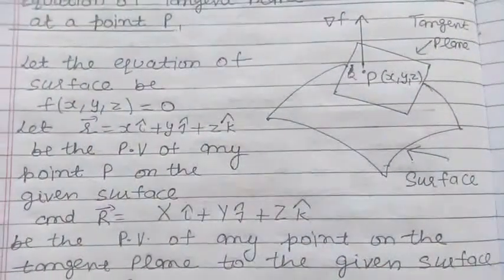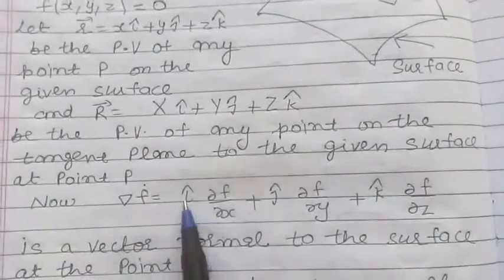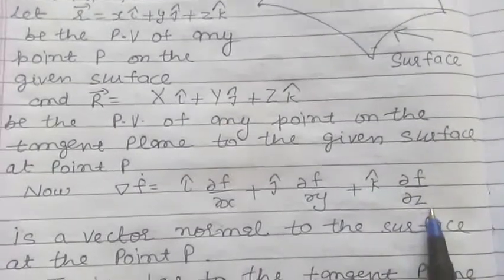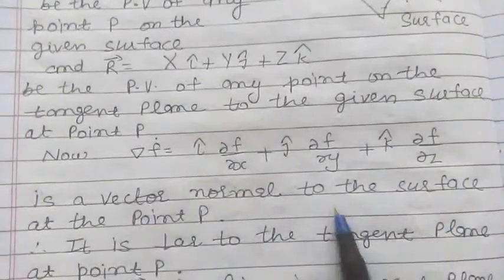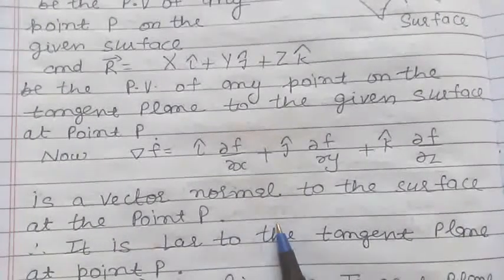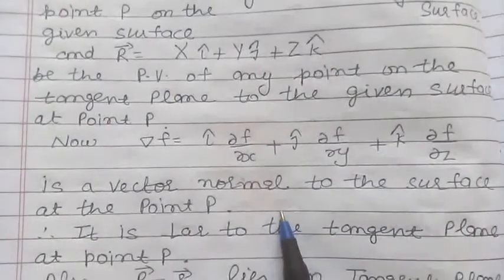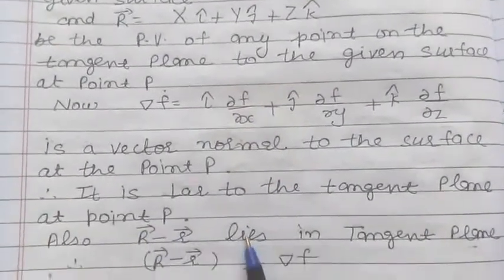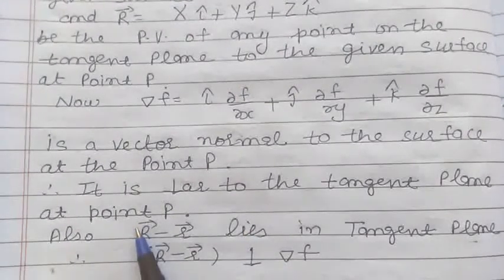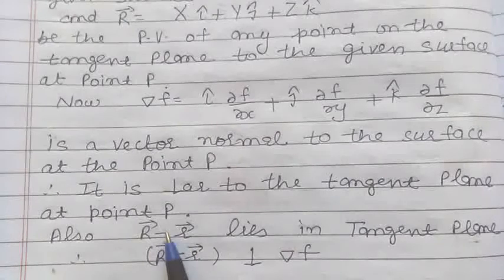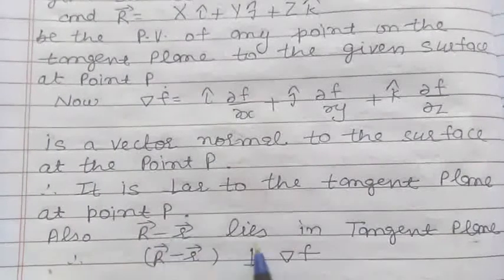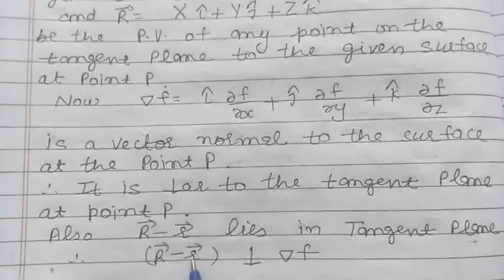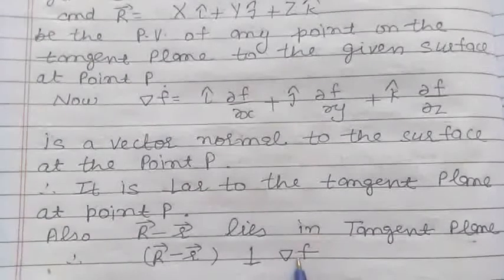Now the components of gradient f are given by i ∂f/∂x plus j ∂f/∂y plus k ∂f/∂z, and also gradient f is a vector normal to the surface at the point P. Because it is normal to the surface, therefore it is perpendicular to the tangent plane at the point P. Now the vector joining the points P and Q is the vector R minus r, and we can see that this vector lies in the tangent plane, and because this lies in the tangent plane, therefore that will be perpendicular to the gradient of f.